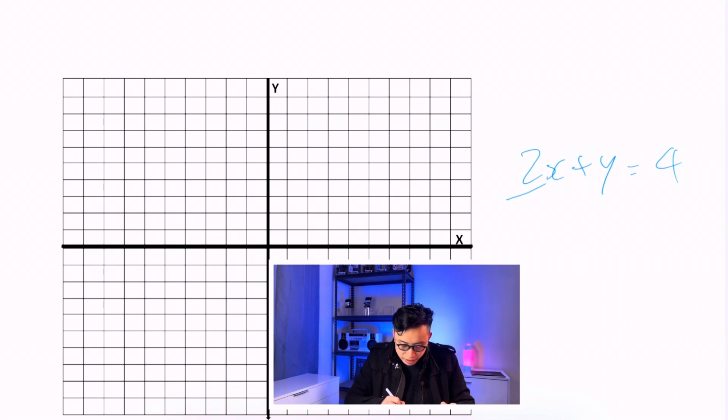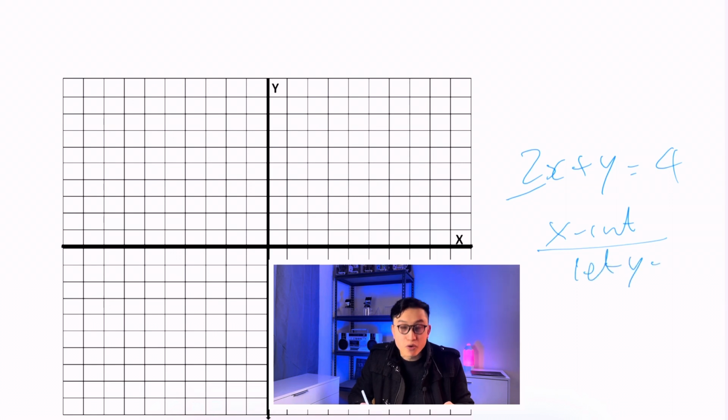If the question literally is just asking you to graph, you don't need to care about the gradients if they don't ask for the gradients. It doesn't matter the format the linear equation is written in. You just find the intercepts. So if you were to find the x-intercept first, in this case, you let y equal 0. And as I've mentioned before, the only way to find x-intercepts, regardless of the graph, is to let y equal 0.